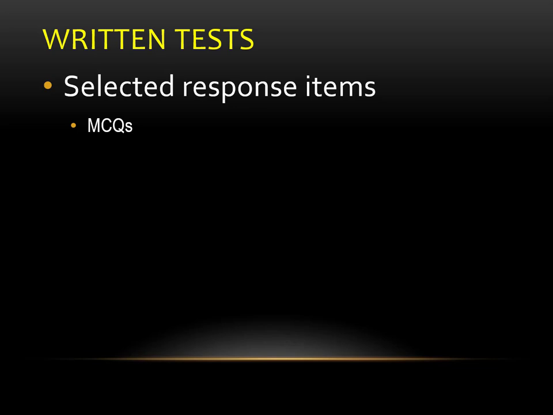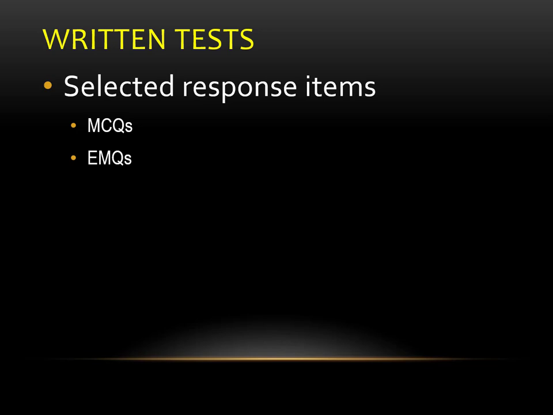Then this type was classified into subcategories. Now MCQs is reserved for the single correct answer type. Then there is a multiple extended matching question type. It is similar to MCQs, but it is a bit extended.